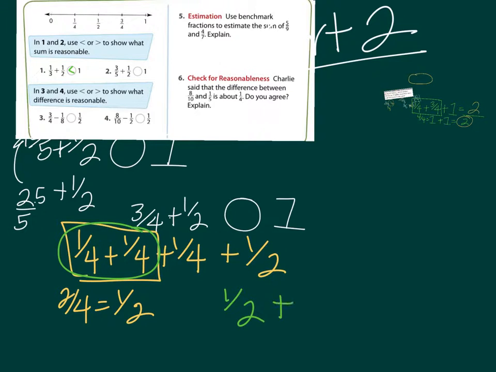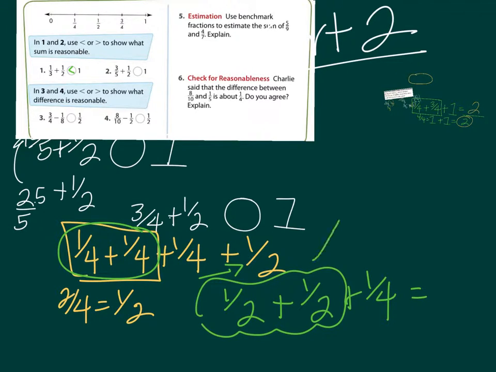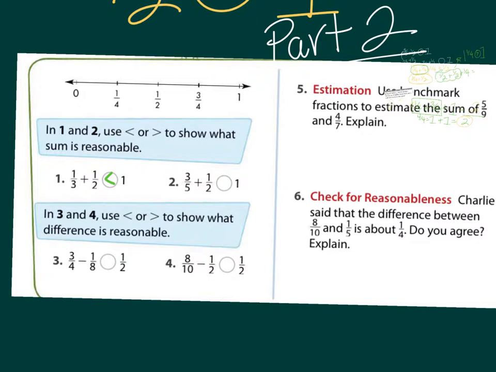So I have a half plus this half plus the 1/4. So what is a half and a half together? That equals 1 whole. So 1 and 1/4 is absolutely bigger than 1 whole. So I would make sure to mark the sign this way.